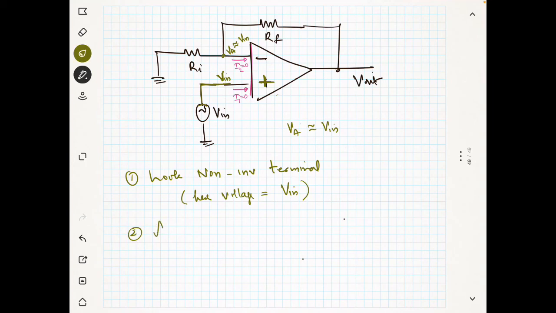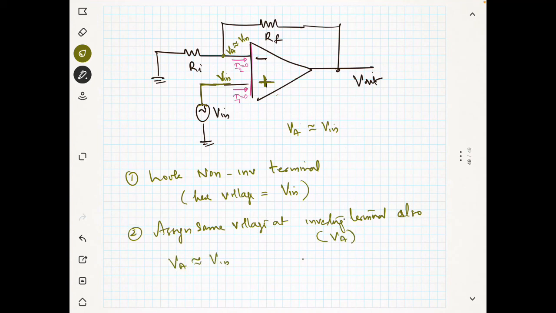That means we assign the same voltage at the inverting terminal also. For the inverting terminal the voltage is VA, but VA is approximately equal to V in here. In this case, in a different circuit it will change anyway. So we got here the voltage is V in.